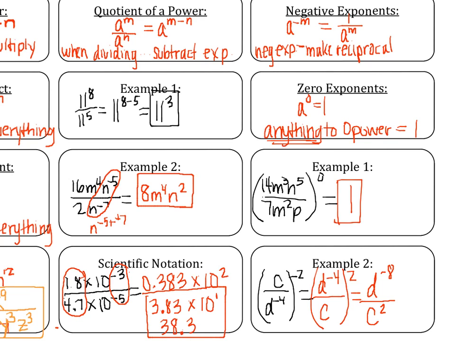In order to get rid of that negative exponent, I need to change the side of the fraction that it's on. Now, a common mistake that students would make here is they would try and flip the c squared and the d to the 8th. That c squared, though, does not have a negative exponent, so c squared has to stay right where it's at. We're only going to move the d to the 8th power to the bottom. Now, we don't have anything in the top, so we've got to put a 1 there to hold its spot. And this is my simplified answer.